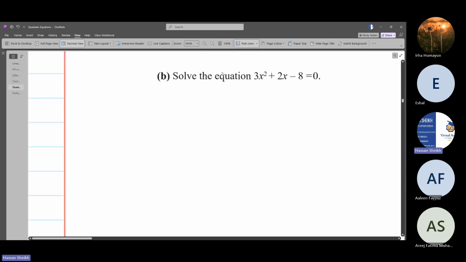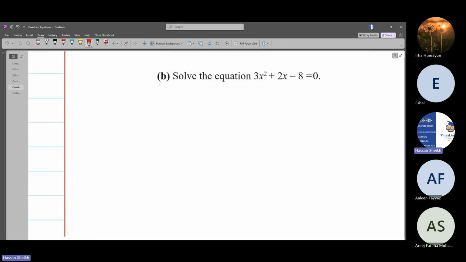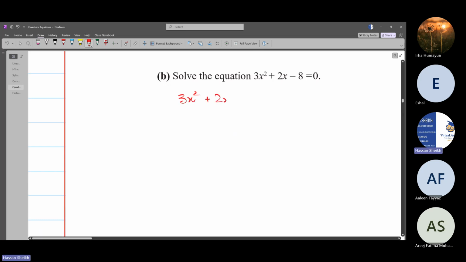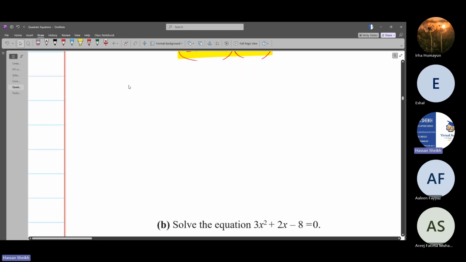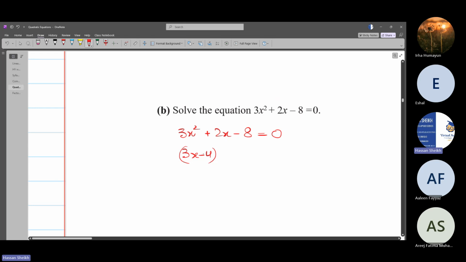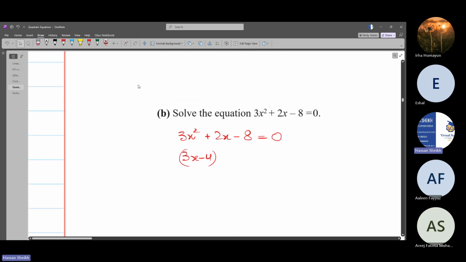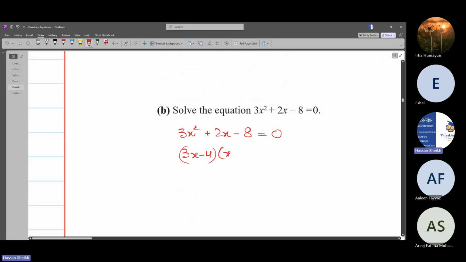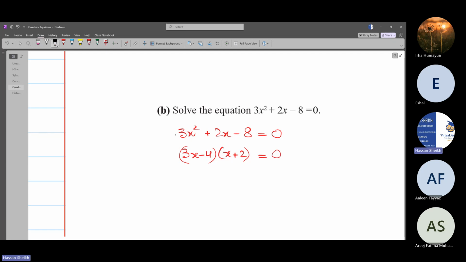So is it correct that when they say 3x squared plus 2x minus 8 equals 0, it is correct to write 3x minus 4 and x plus 2 instead? Because that's what we did in the previous part. We simplified the above quadratic equation into this.